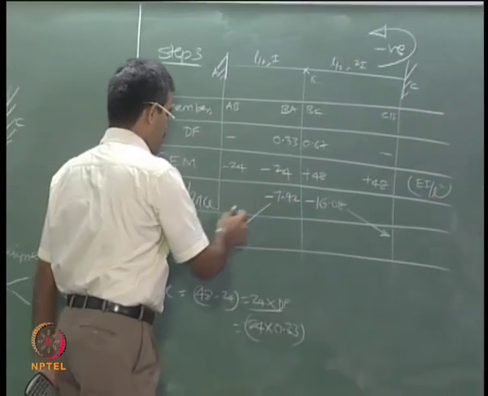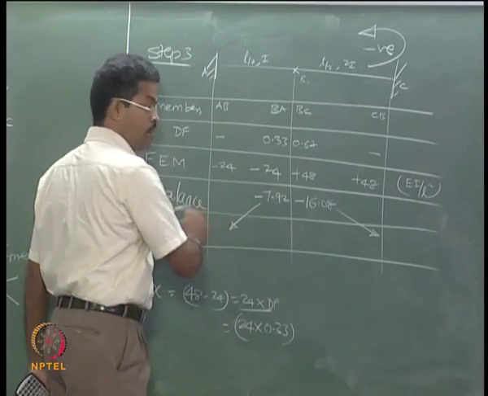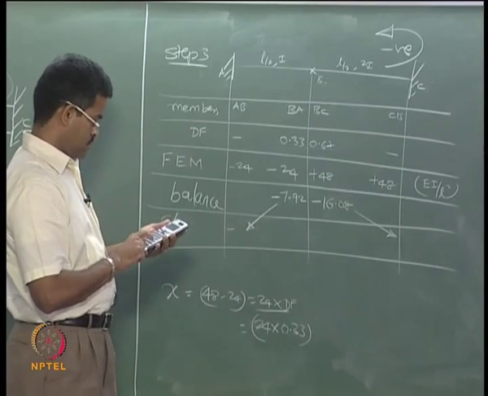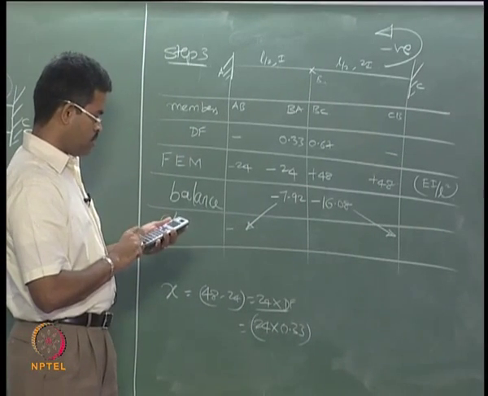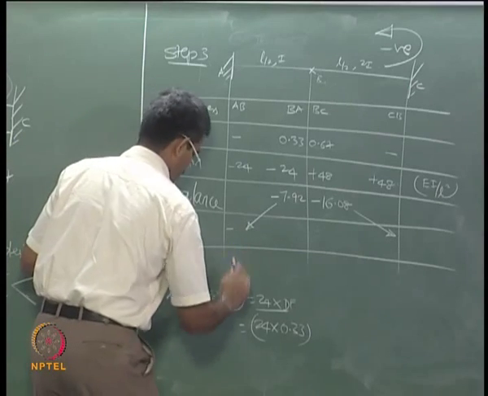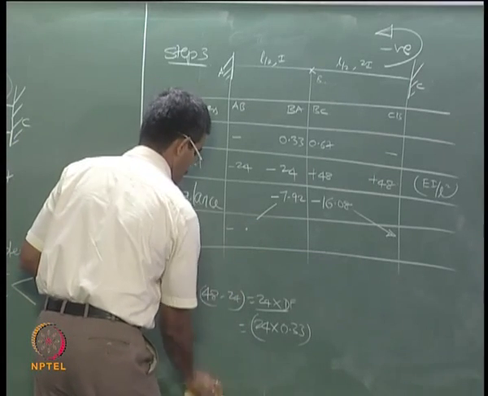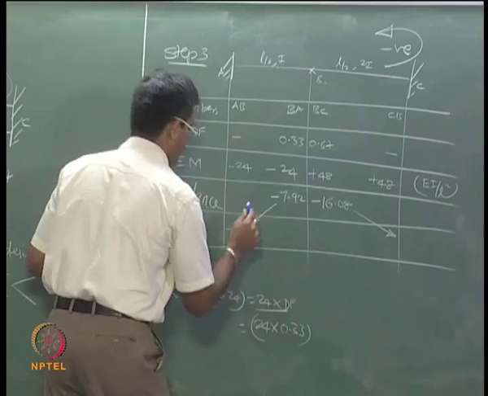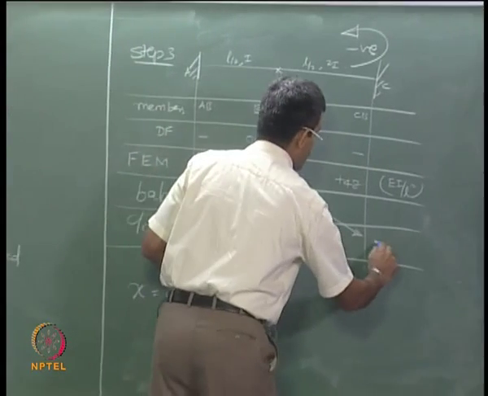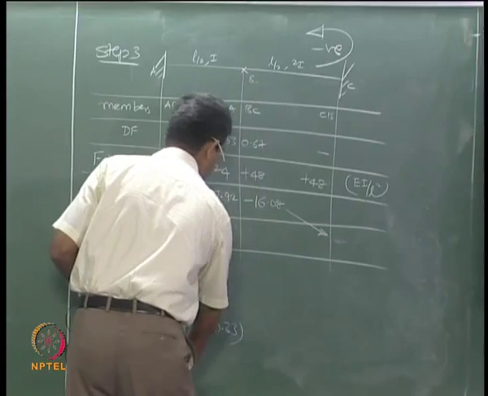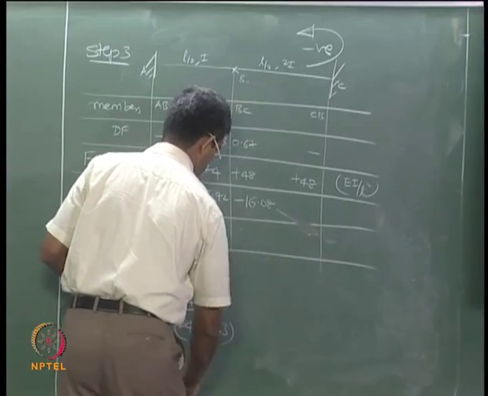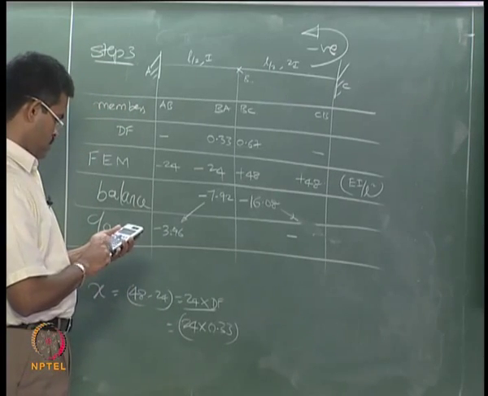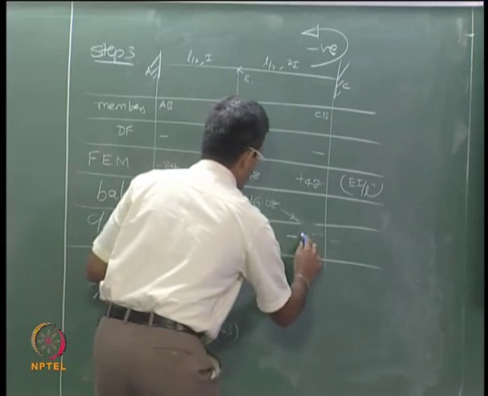Quality will be same, quantity will be 50%. So, minus 7.92 by 2, which is 3.96. Then in this case mine 8.04.